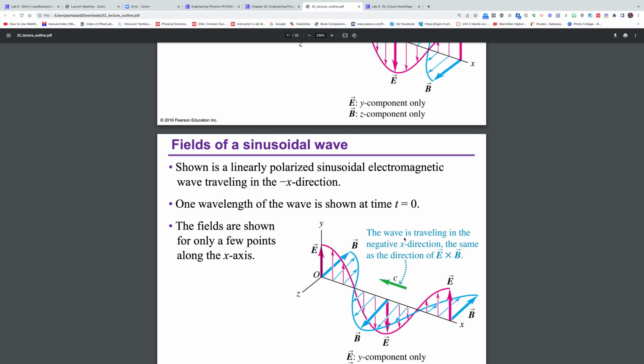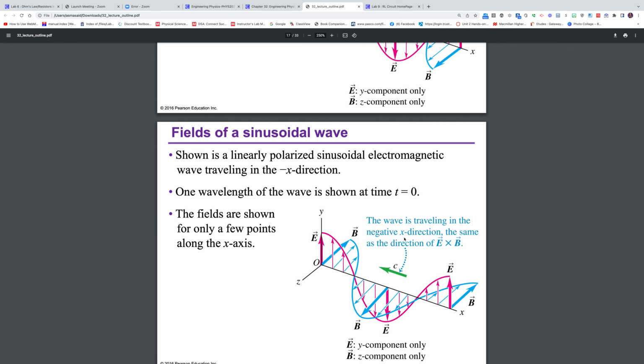Here we are showing also another wave that is a polarized sinusoidal electromagnetic wave, and it is propagating in the negative x direction.